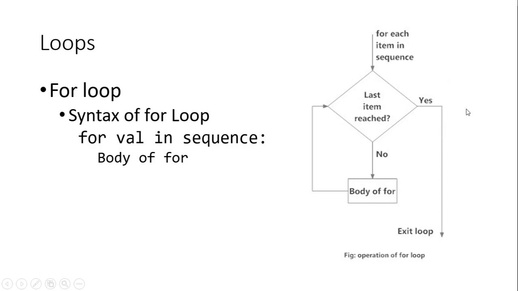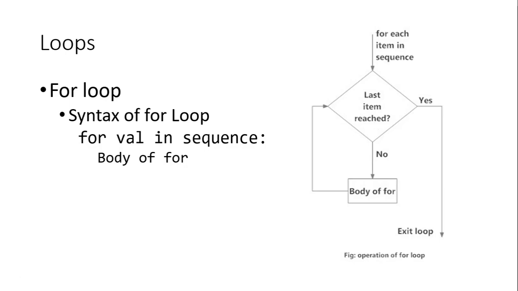Okay, flowchart. For each item in the sequence, from the top it is going down, and it is going to check one condition: is the last item in the sequence reached?